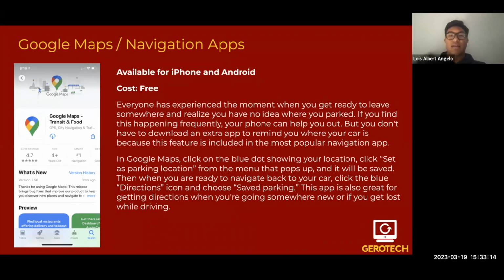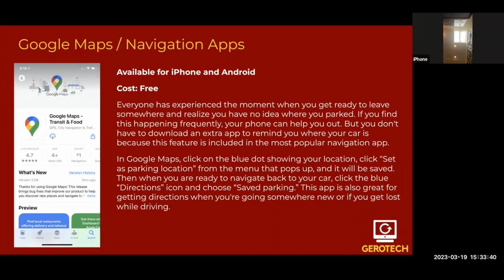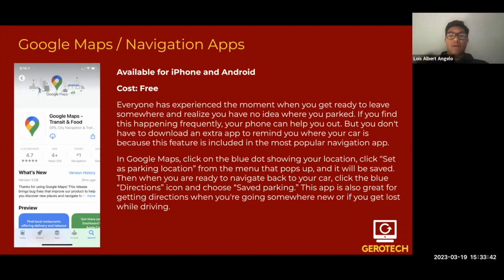You can navigate, find different ways of transit. It's really a one-stop shop for exploring places and going to other places near your home or even across the world. Sometimes when I'm bored, I'll go into Google Maps, go to some random country and just sort of walk around. As you can see, COVID really opened the door for what to do when you're bored. But Google Maps is a good app to also have on your phone.